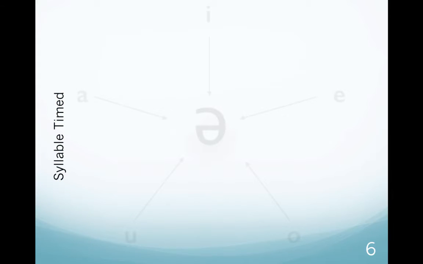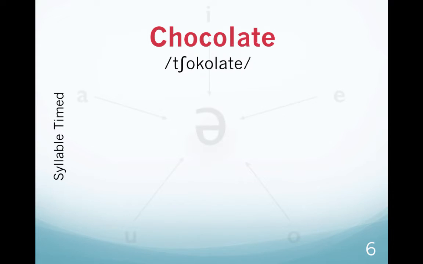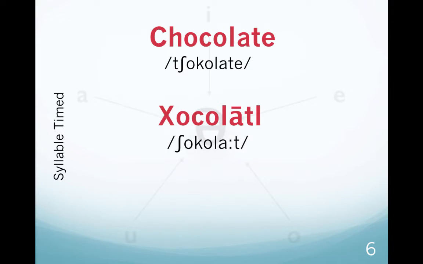Let's take a look at this. In Spanish, for example, we say chocolate. As you can see, every single syllable here has more or less the same prominence, chocolate, and all of them are pronounced. The same is true in Nahuatl or Aztec, a native language from Mexico.